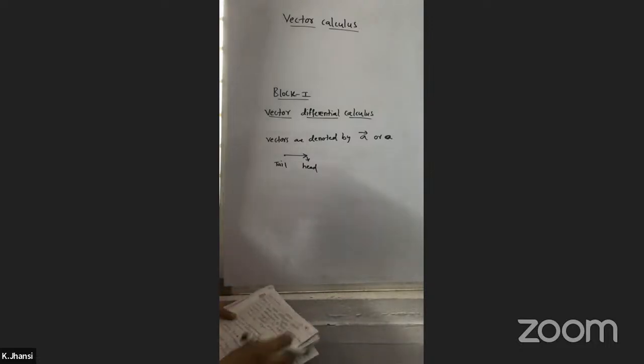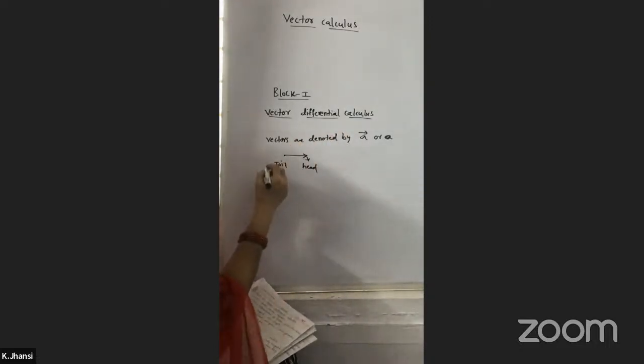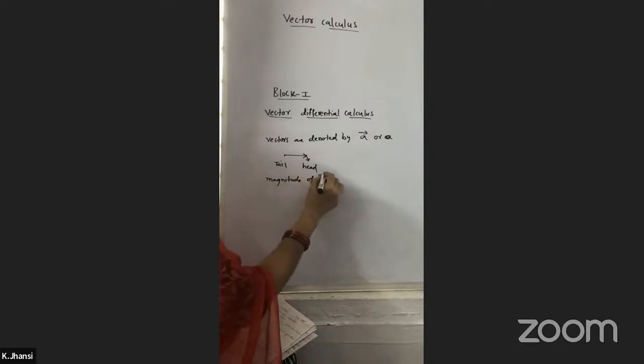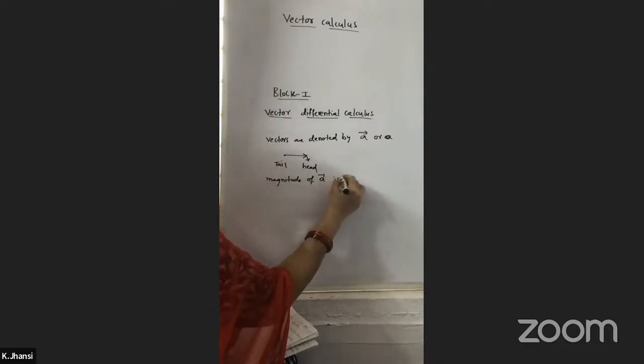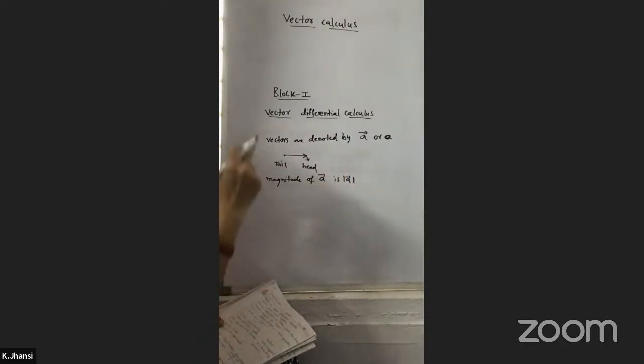And the magnitude of whatever vector is there, the magnitude of A, we represent as modulus of A. That is, we put two lines. We call it modulus or length or even determinant.